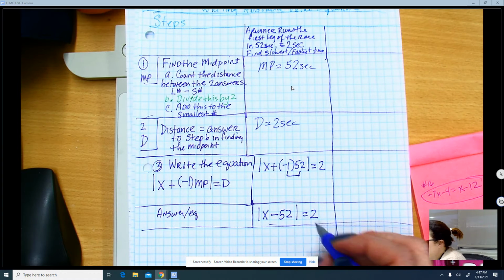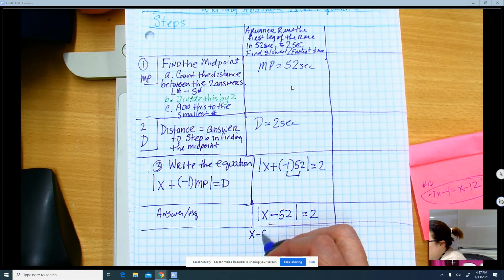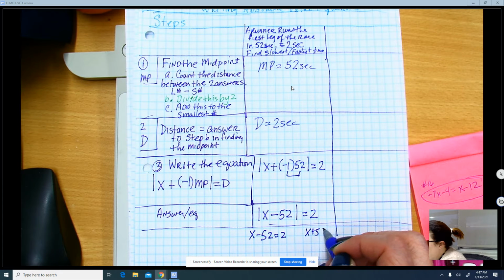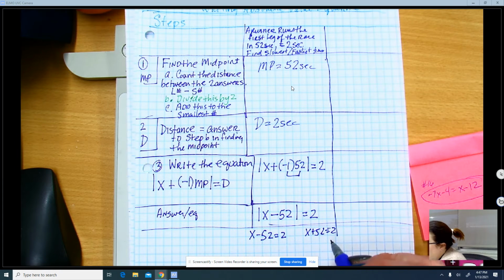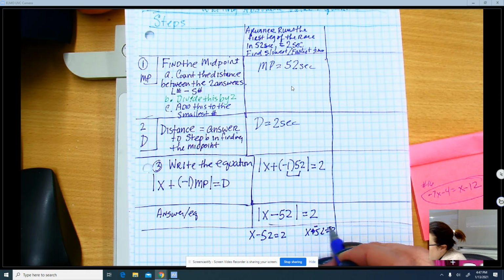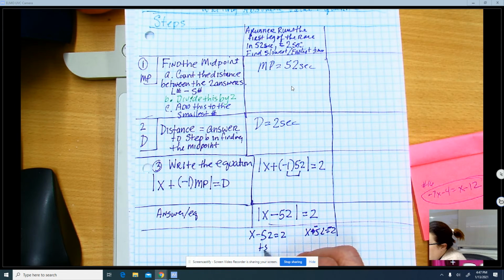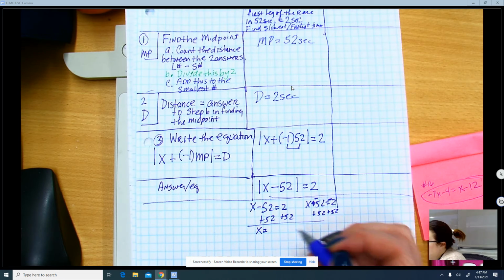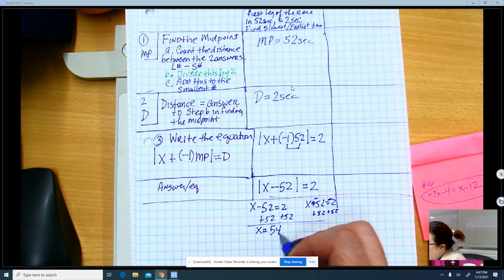And if I went ahead and solved this, I would have my two cases. I'm going to add 52 to both sides in both cases. So 52 plus 2 is going to give me 54.